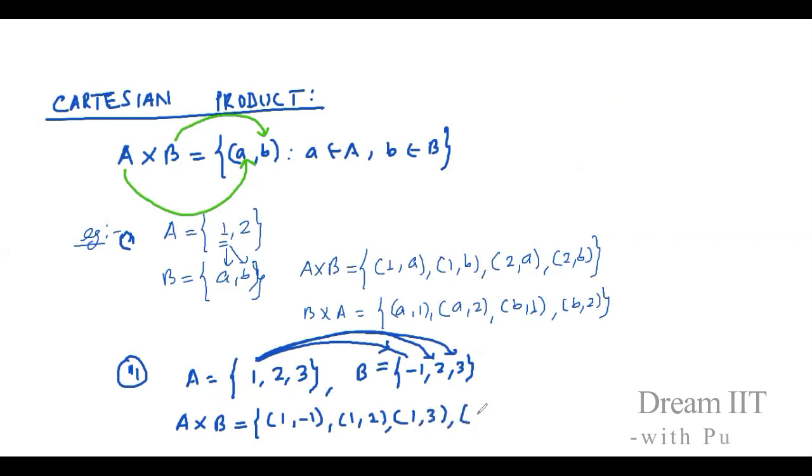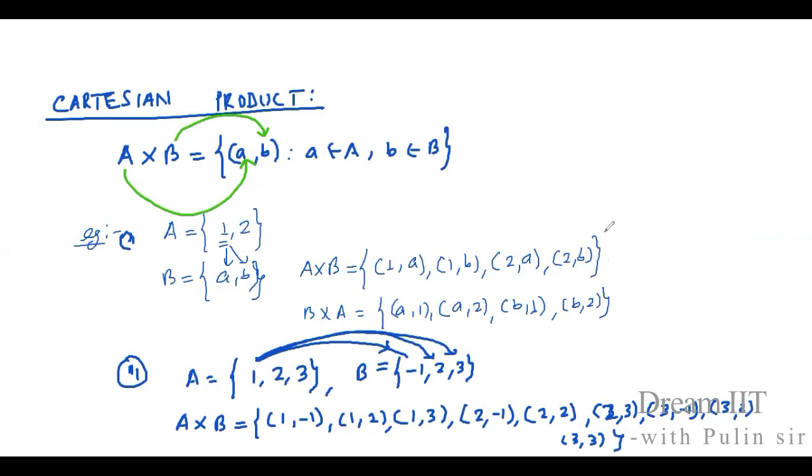Then once I finish with 1, I'll start making the ordered pairs with 2, and then with 3. Then (3, -1), (3, 2), and last is (3, 3). So that's it. That is the set of ordered pairs, right?